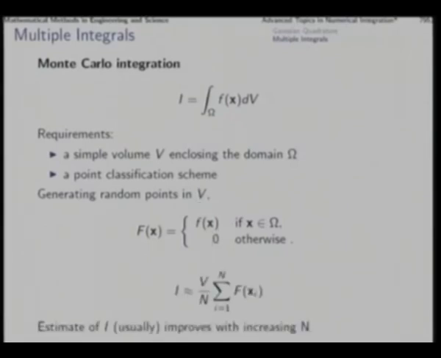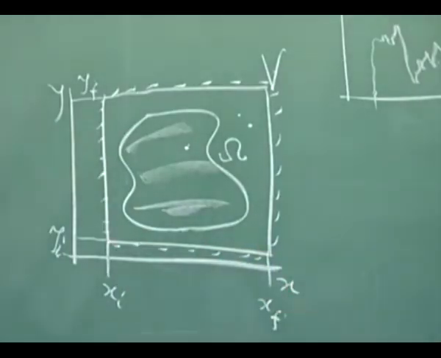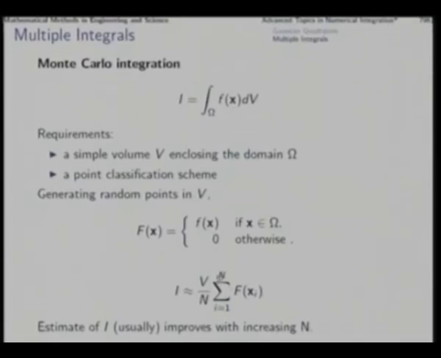As we add up all these capital F(x) values, taking the actual function value if it falls within our domain, 0 otherwise, the sum of all these function values divided by n into the volume of V gives us the Monte Carlo integration value. Now, you know that the larger the capital N, the more accurate the result will be.